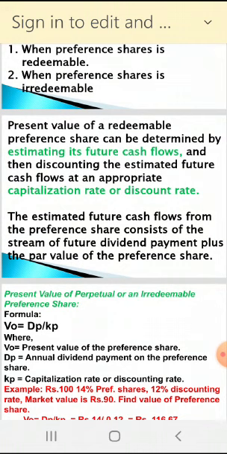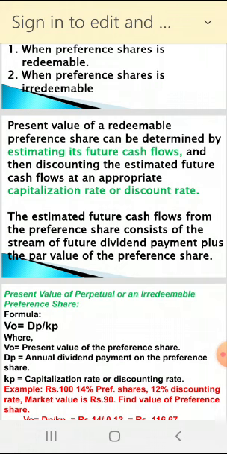Present value of security depends on future benefits, future cash flows. When you are able to estimate the future benefit, certainly it is very easy to calculate the valuation of debenture, bond, or preference share.